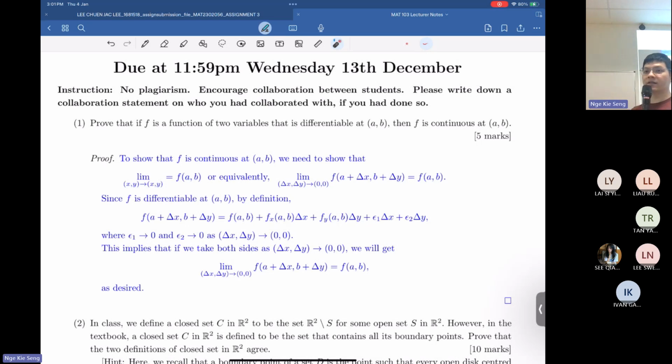And then you will see that that's the limit you want for continuity. So differentiable implies continuous. If you can linearly approximate your surface using a tangent plane, then your surface is continuous. There's no hole there at every point where it is differentiable.